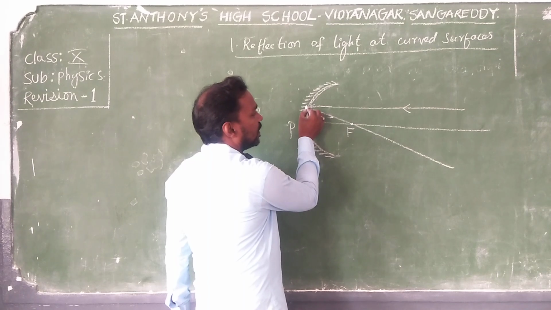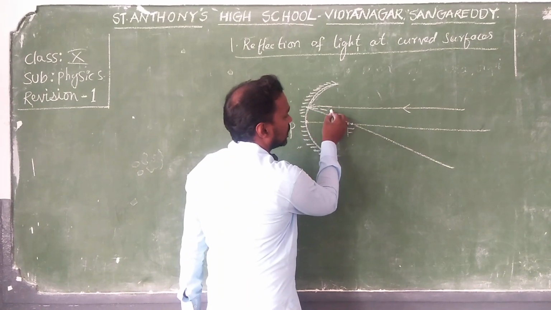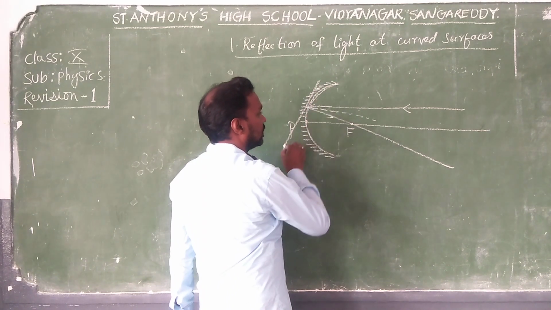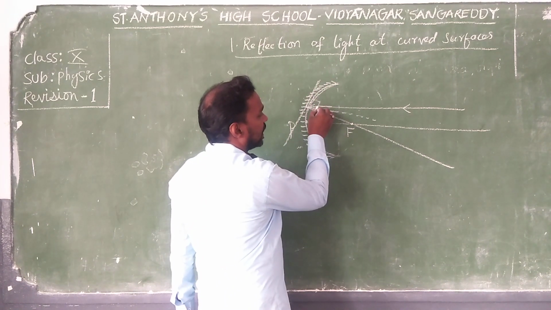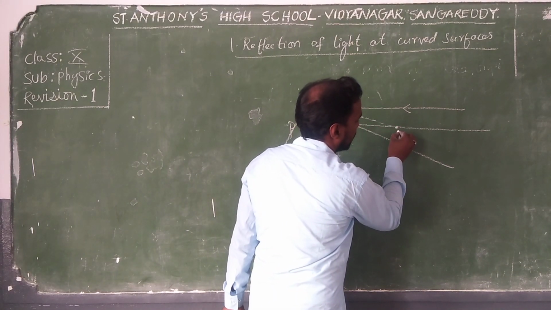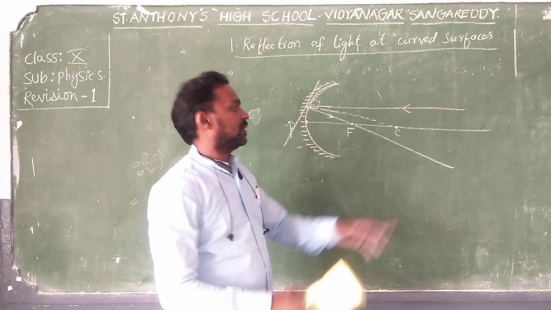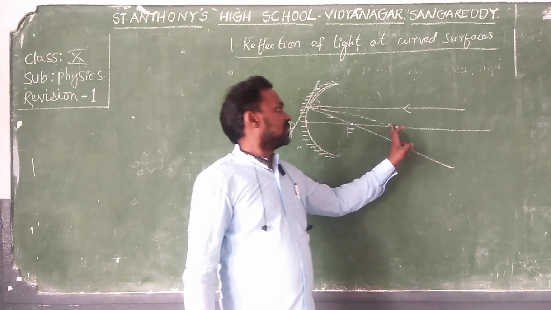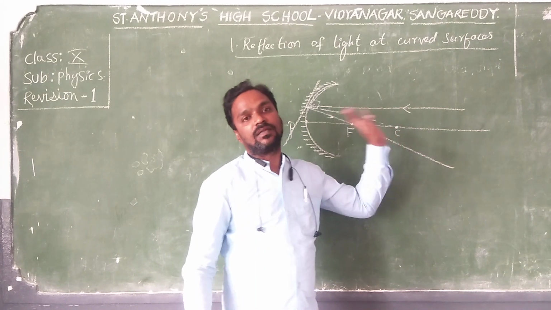If you draw a normal, which is a line perpendicular to the tangent, making a 90 degree angle, and this line meets the principal axis at a point C, that is called the center of curvature.